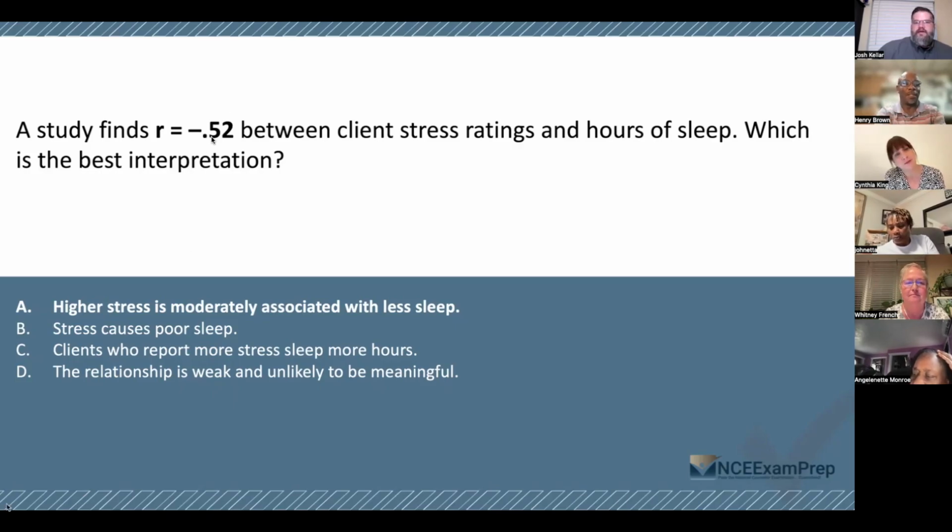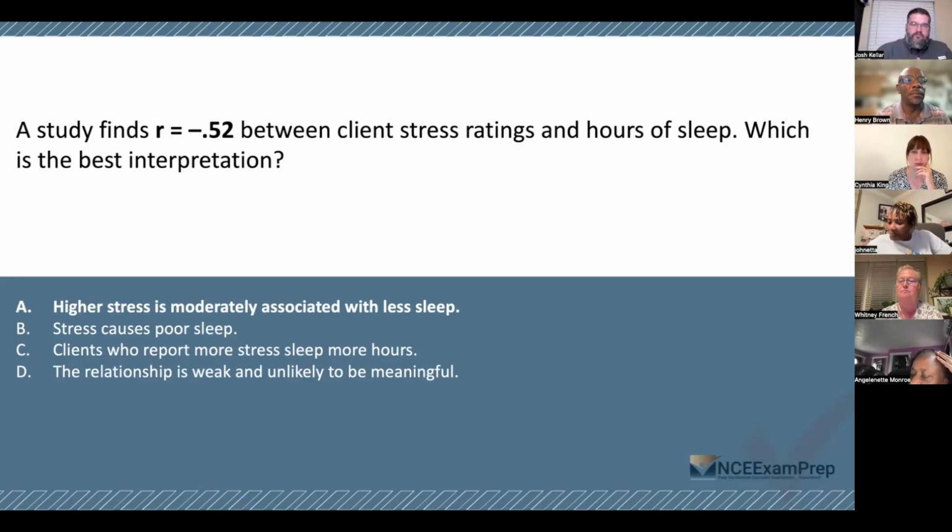That 0.52, it's actually less than 0.5 because we're going negative. It's still moderately strong, right? And remember when I said that these numbers are arbitrary? They're ballpark numbers. So 0.5 is right there, kind of at that cutoff line that I arbitrarily assigned.